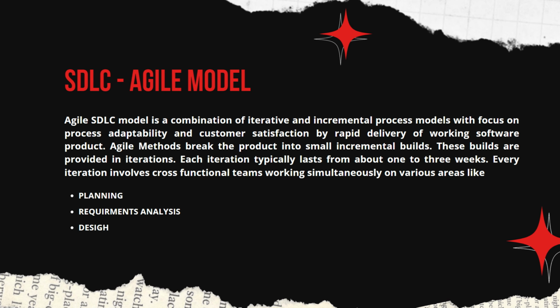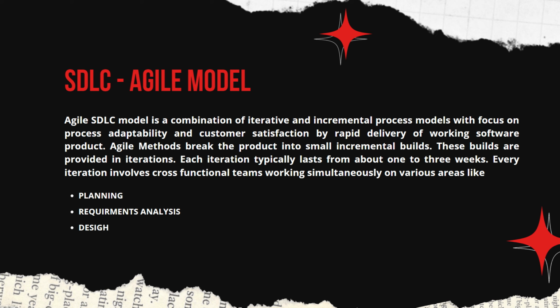SDLC Agile model. The Agile SDLC model is a combination of iterative and incremental process models with a focus on process adaptability and customer satisfaction by rapid delivery of working software product. Agile methods break the product into small incremental builds.